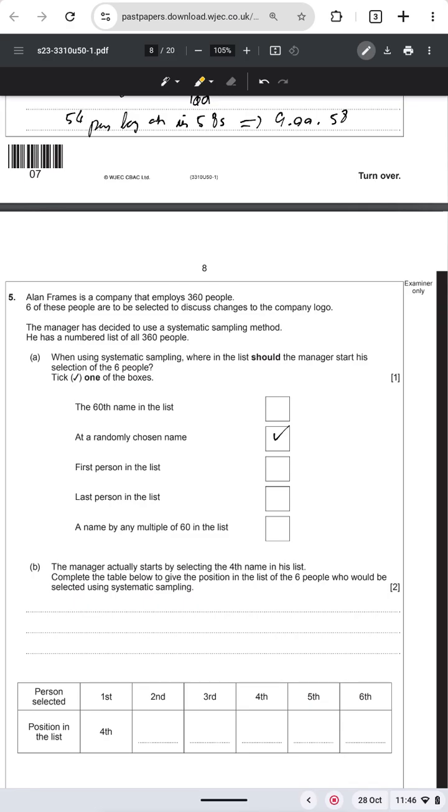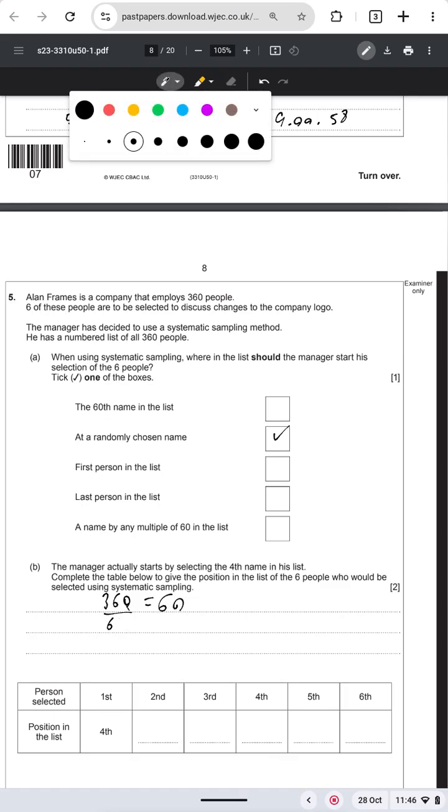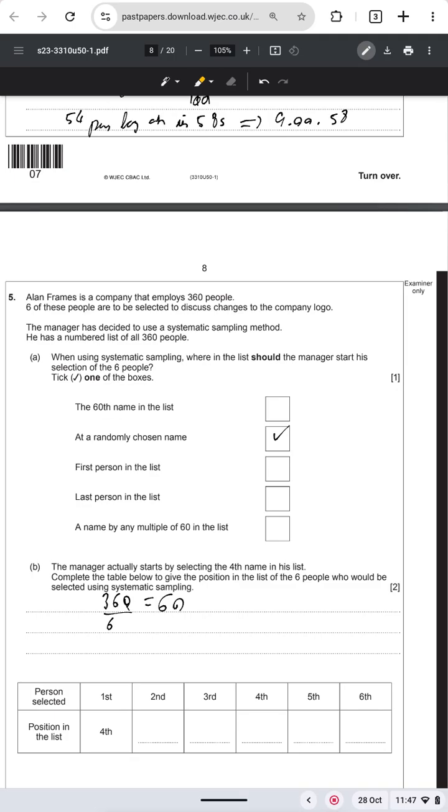Complete the table below to give the position on the list of those who will be selected. Okay, so we divide 360 by 6 to give us 6 people, so we are looking to basically add 60 onto each of these.